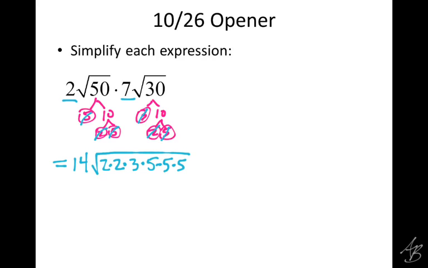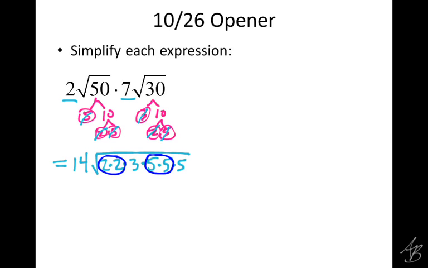Now what we're doing here is actually the same thing as multiplying 30 times 50. But what we're doing is we're multiplying the factors of 30 times the factors of 50 so that when we have it factored, we can do what now? Circle pairs, right? So we're just trying to simplify this square root. So the reason we factor it and combine all the factors rather than multiplying 30 times 50 is now we can just circle pairs and we're almost done.